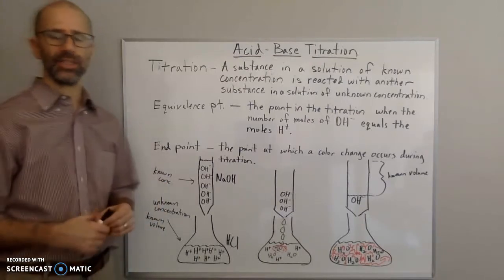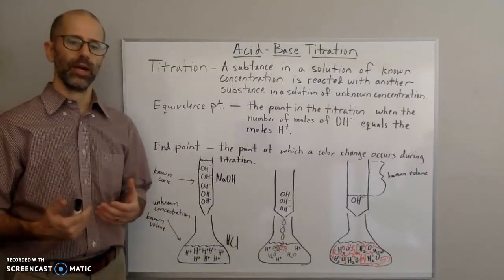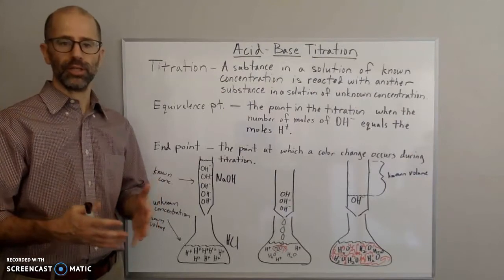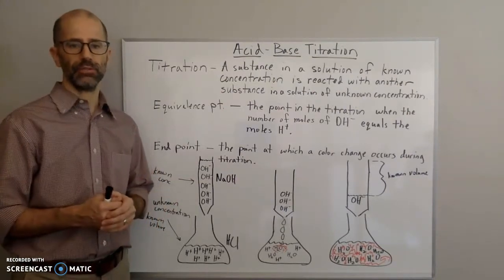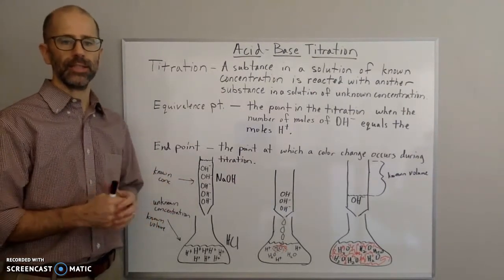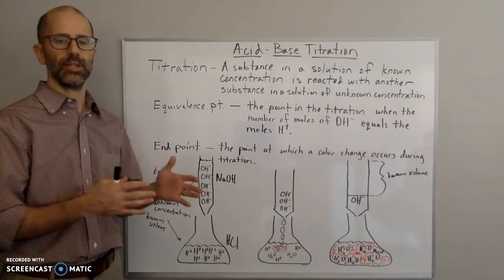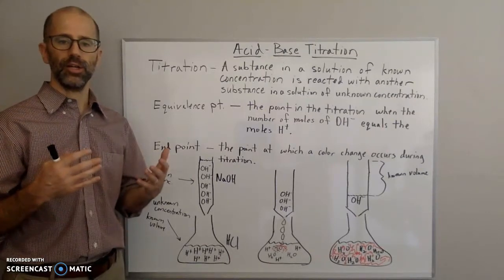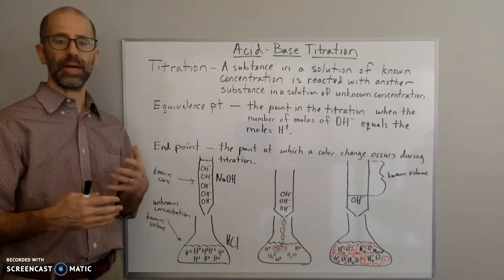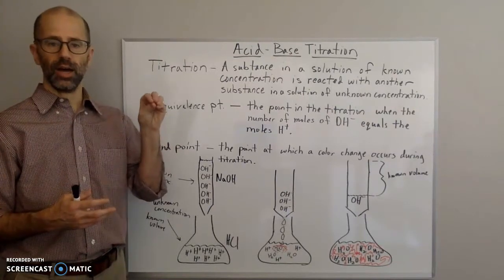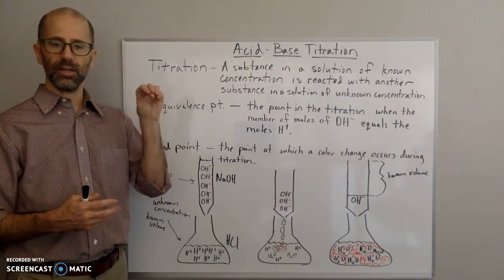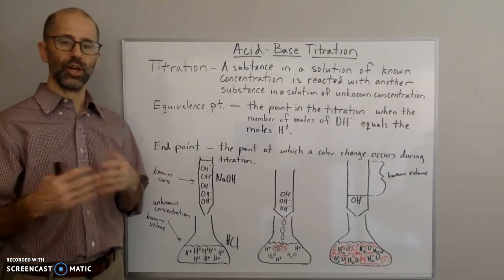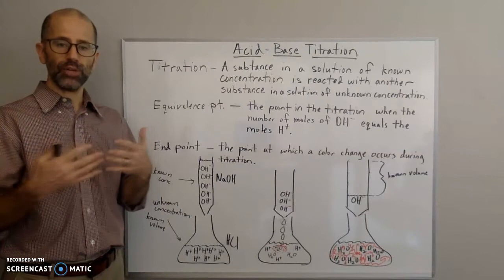Well, a titration is a lab technique where you are going to be taking a substance that is in a solution that you know the concentration of, and you're going to be reacting it with a substance in another solution that you don't know the concentration of. And you're going to know the volume of one, and then by titration, you're adding incrementally amounts of the known substance into the unknown, such that they will neutralize each other.